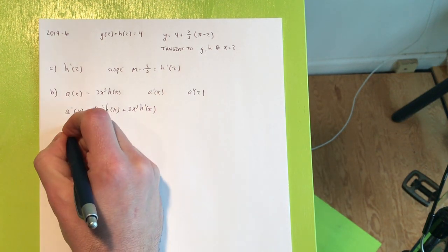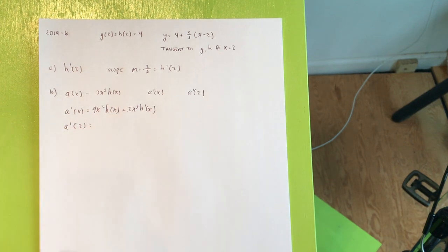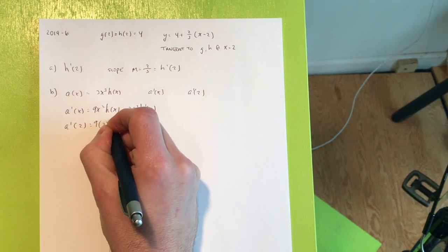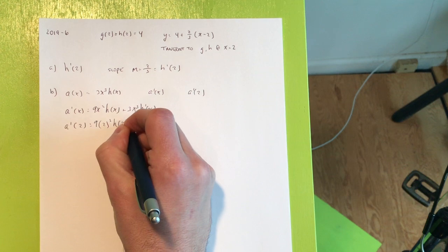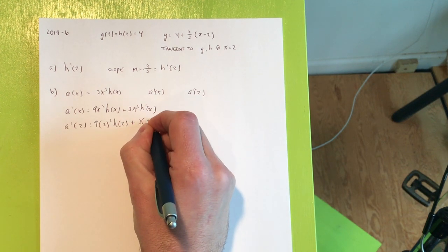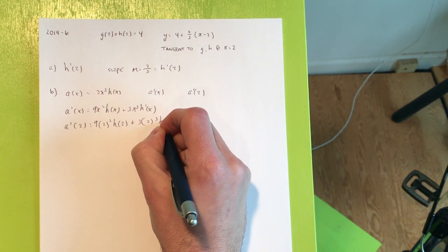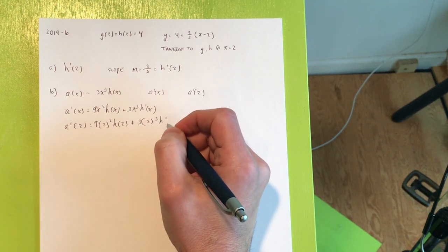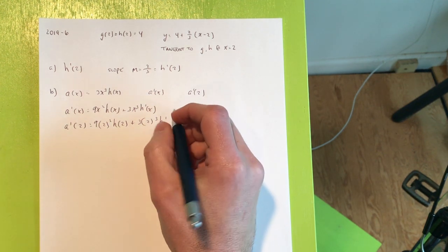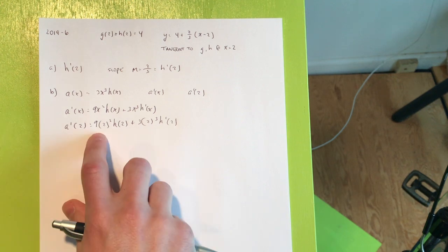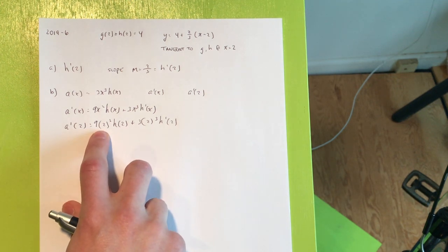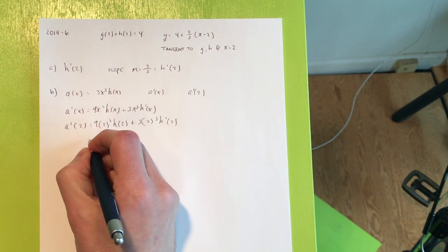Now we want to find a prime of 2. It's going to be 9 times 2 squared multiplied by h of 2 plus 3 times 2 cubed multiplied by h prime of 2. So we can evaluate going through.